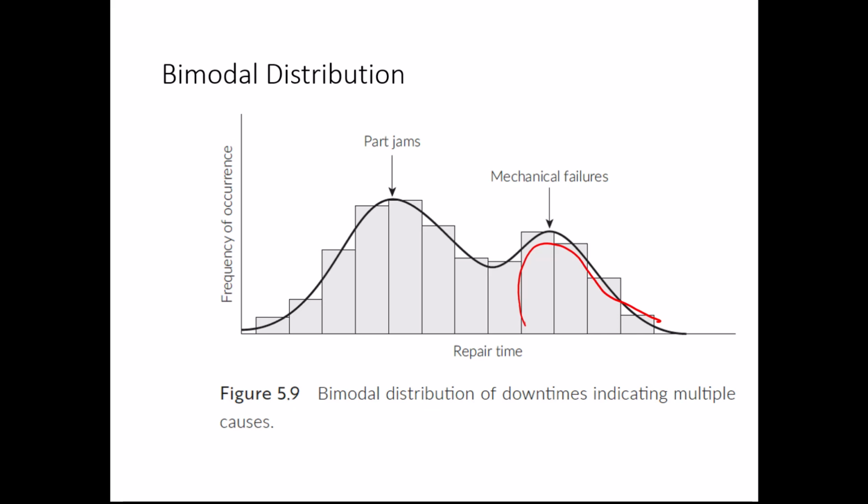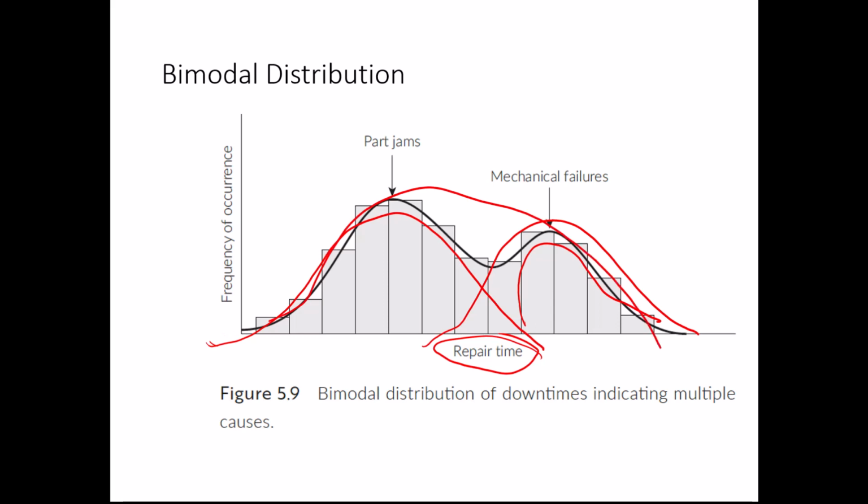So over the course of time, you have two different factors. Sometimes you may just run it as two independent charts, one related to the part jams, and one independent for the mechanical failures, right? And sometimes you may even have to run just one combination of both.